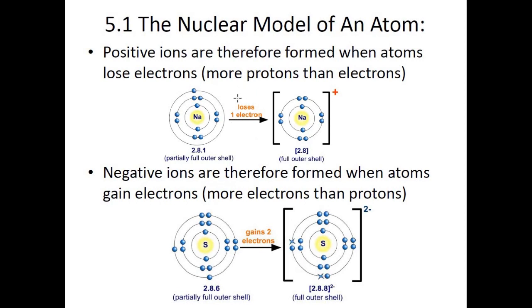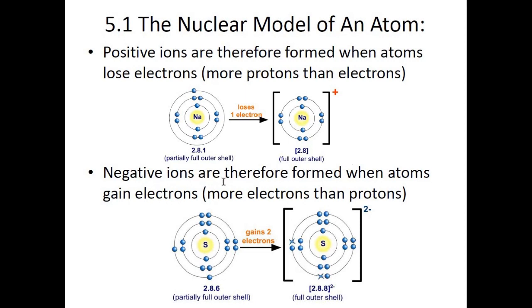Now it lost one electron and now it has 10 electrons, but the number of protons has remained unchanged, as protons do not take part in forming bonds, only electrons do. Hence now it has an overall charge of +1, because now it is having 11 protons and 10 electrons. So if you do 11 minus 10, you are going to get +1.